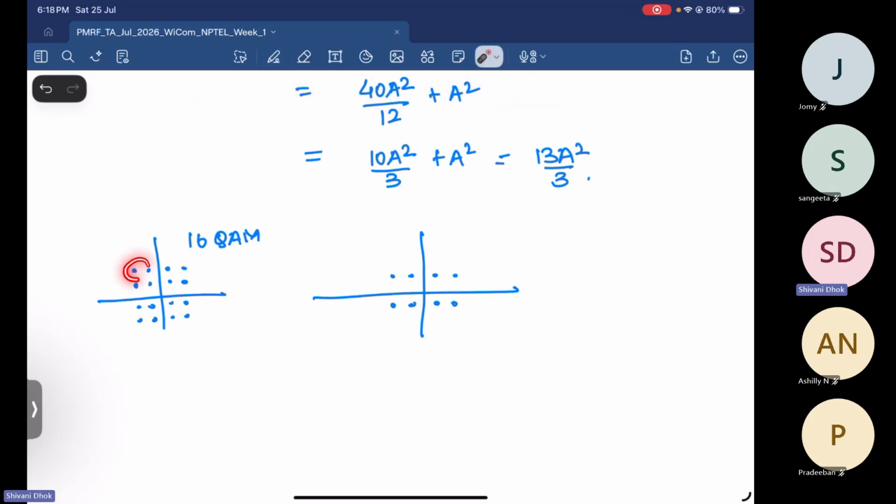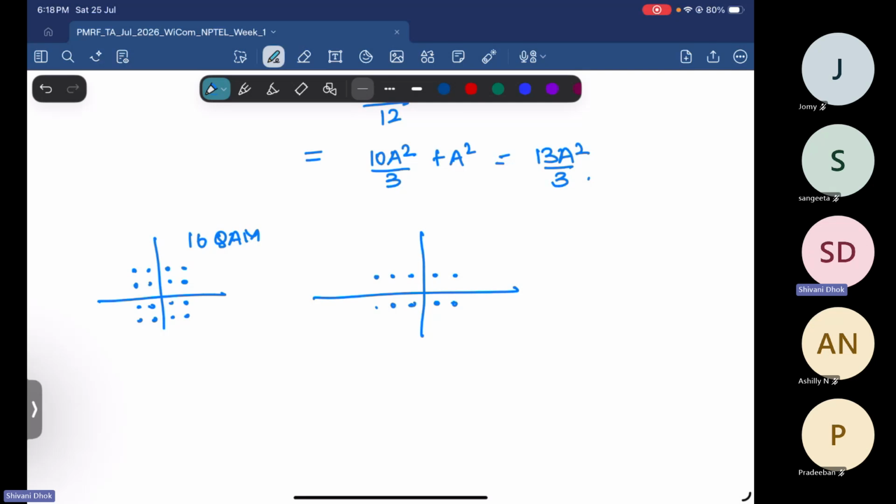Then I'll take these two and put them here, and similarly these two put here, something like this. This is also one example of 16 QAM. Both are 16 QAMs, so these are two variations of 16 QAM.